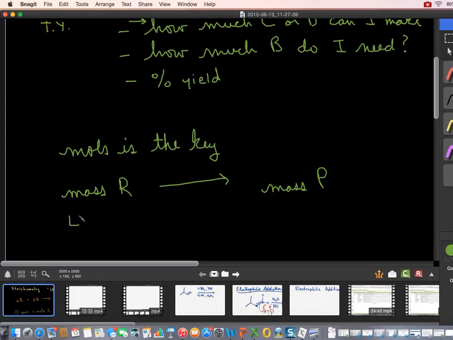So I'm going to call that a LRP, a limiting reagent problem, in order to find the theoretical yield and also to find the limiting reagent. And we'll do examples of each one of these. So right now I'm just mapping out the kinds of problems that one can reasonably expect.